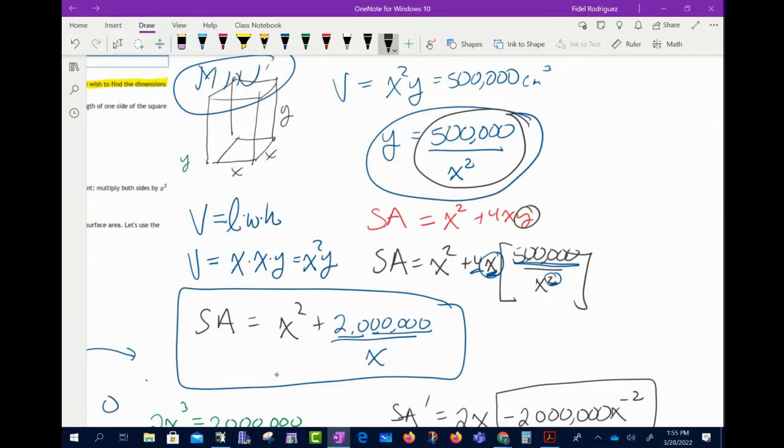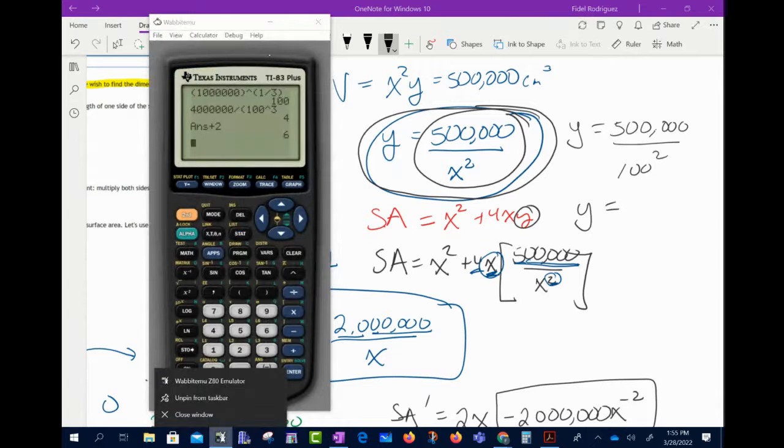So we know that the value of X on the bottom is equal to 100. We still want to find the value of Y, okay? But look, we have a formula for the value of Y. Y is equal to 500,000 divided by X, which is 100 being squared.